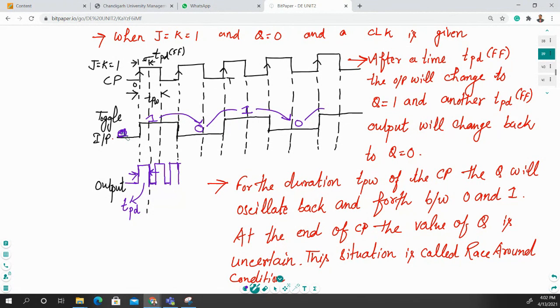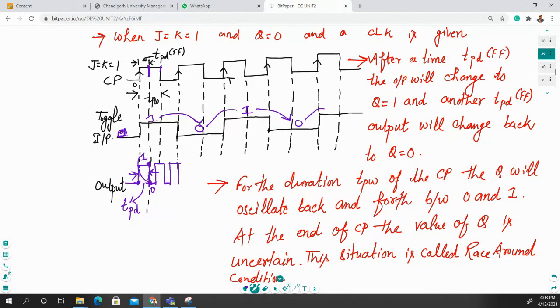When you apply this input signal and it is changing according to the toggle state, your output signal is changing. Your output signal is changing with respect to this input signal. Initially it will take some time, and when this clock pulse starts at this particular time, this output signal changes from 1 to 0.